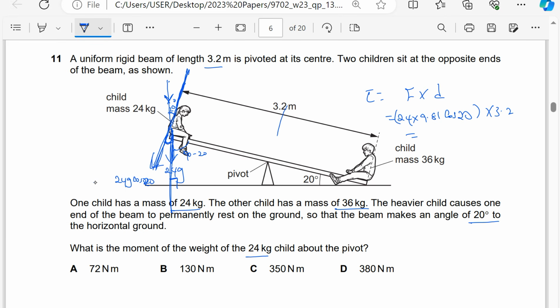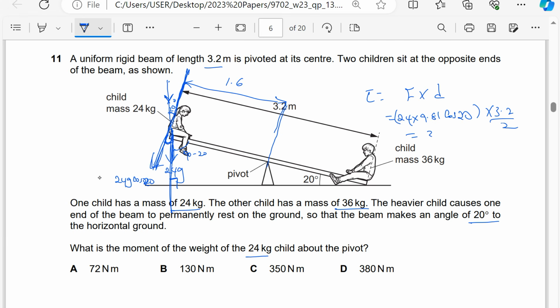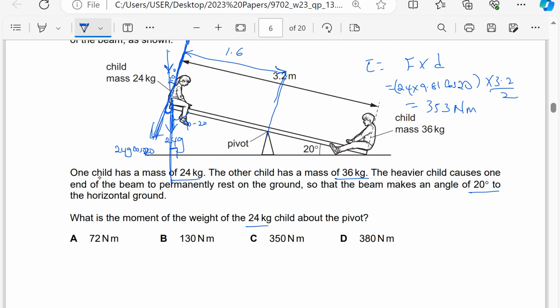It is the distance from the pivot, which will be this distance here. That is 1.6, so I'll just divide this by 2. That's 353, so this is going to be 353 Newton meters. The perpendicular distance from the pivot is 1.6. So the answer is going to be C.